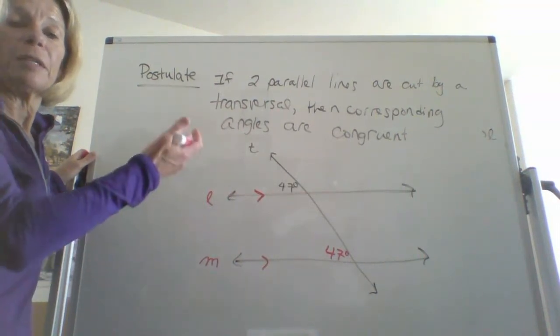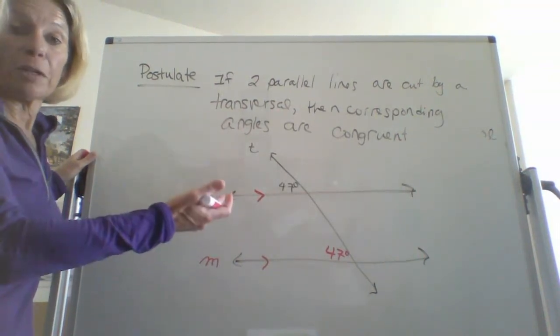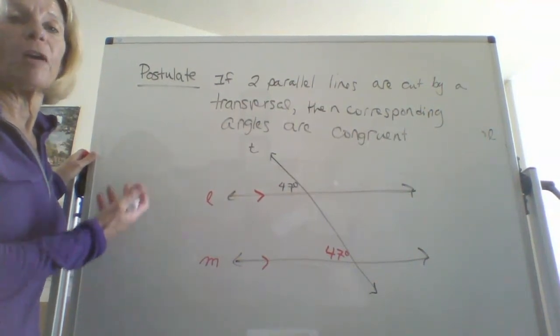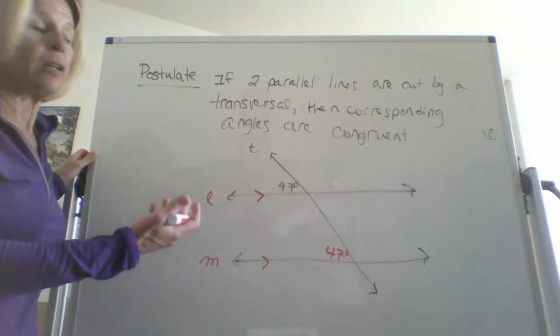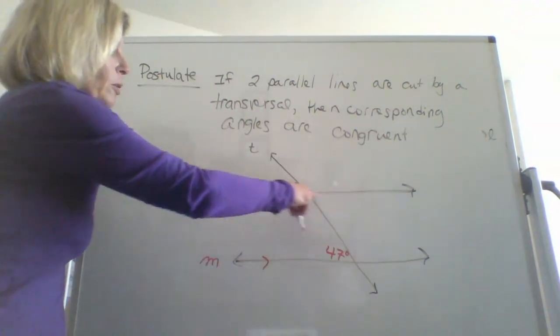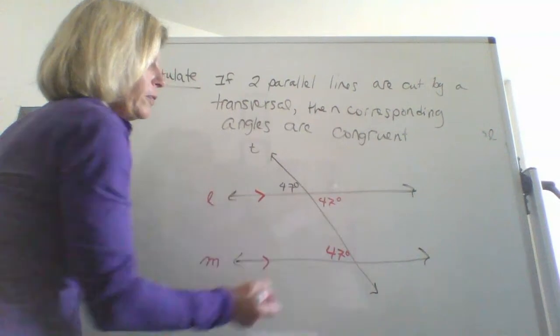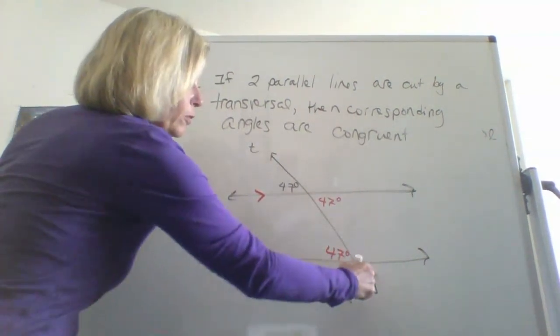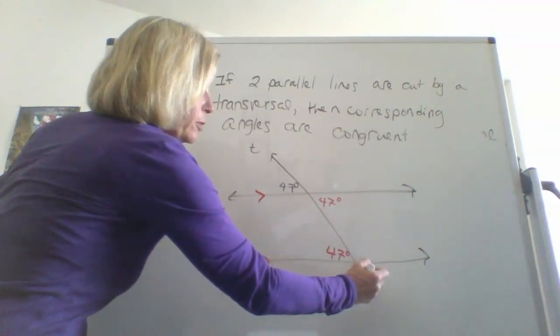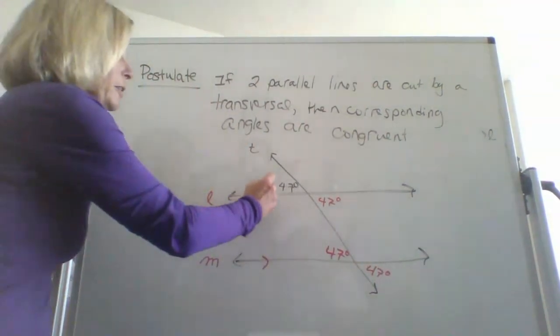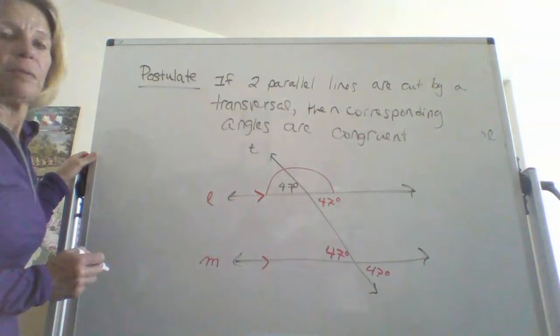Then, between what I know about vertical angles and straight angles, I can figure out every other angle measure. So we have vertical angles, so I have another 47 degrees here. Vertical angles, another 47-degree angle here. And this makes a straight angle.